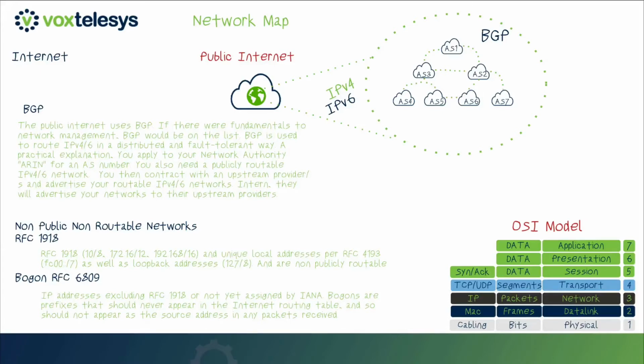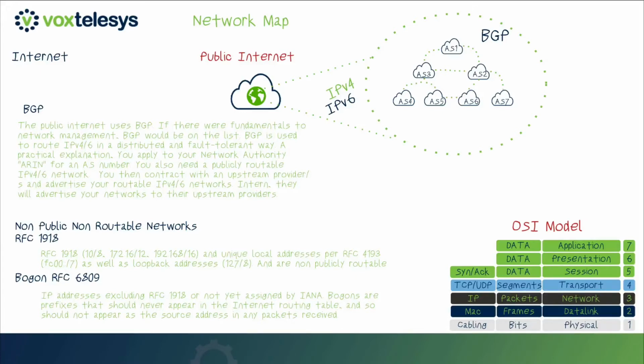Those are IP addresses that, excluding 1918, are not yet assigned or are in some way restricted from public routing. So it's very important that you understand what IPs can and can't be routed, and that you don't use the wrong IP space or network space in the wrong network. So make sure you have a good understanding of that.